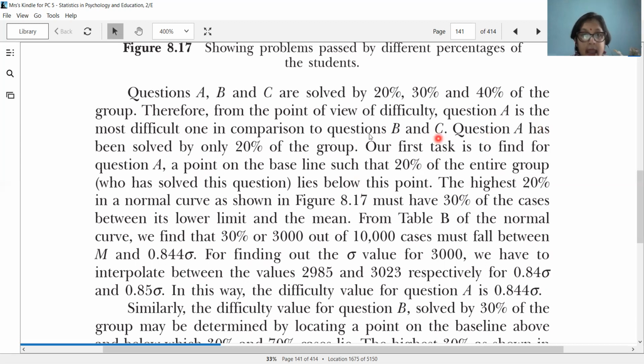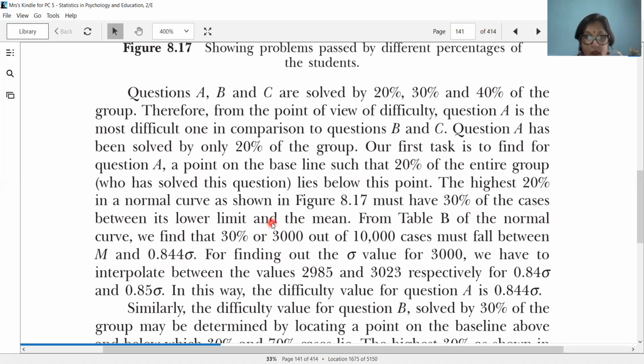Okay, now question A has been solved by only 20% of the group. So we now need to find out the sigma value for 30% of the cases, 30% or 3000 out of 10,000, because as you all know, 50 minus 20 is equal to 30%. Okay, and the sigma value is 0.844 sigma.